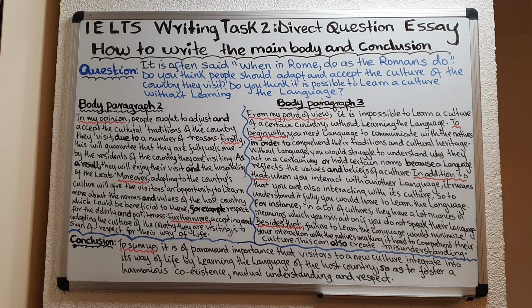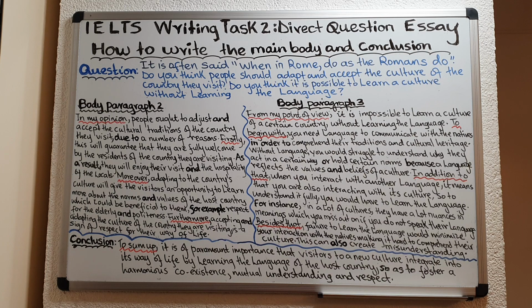For example, in body paragraph 2, I have used a number of linking words. In my opinion, and, due to, firstly, as a result, and, for example. So introduce your 3 key points using linking words such as firstly, moreover, and furthermore.